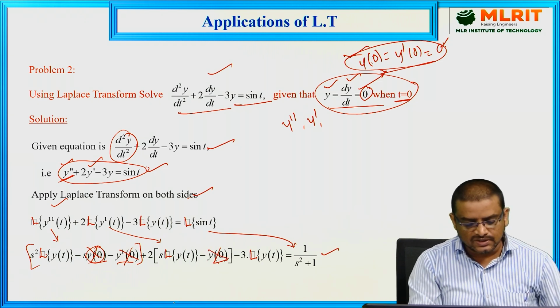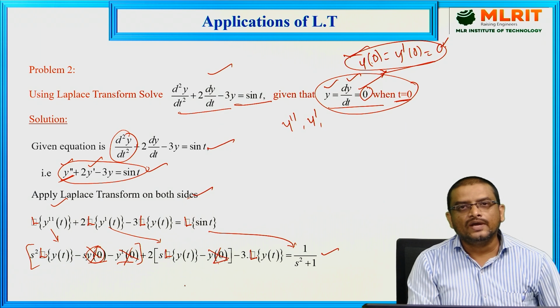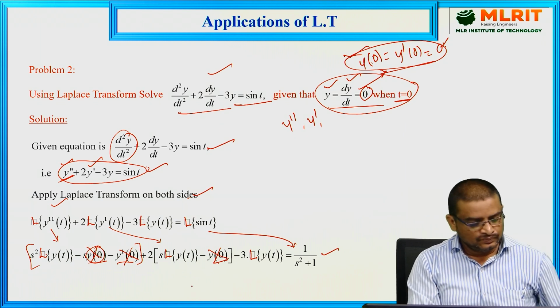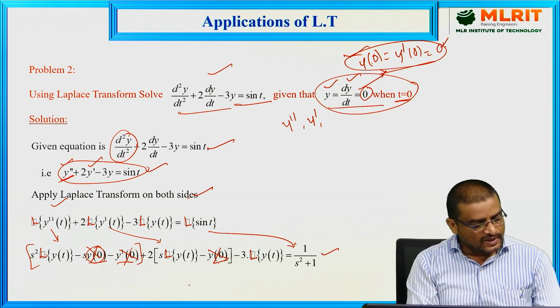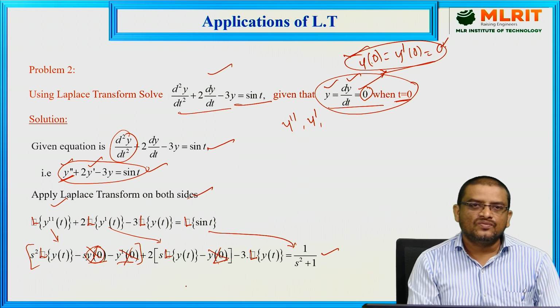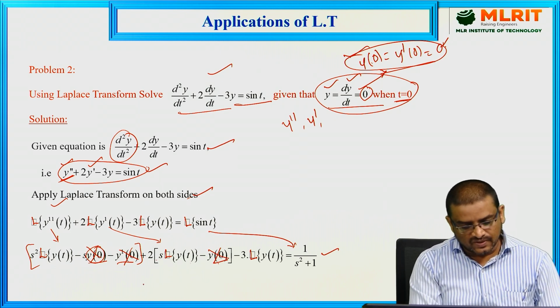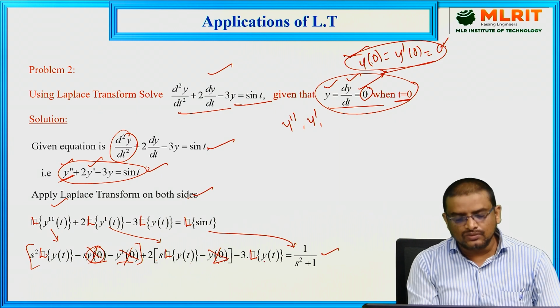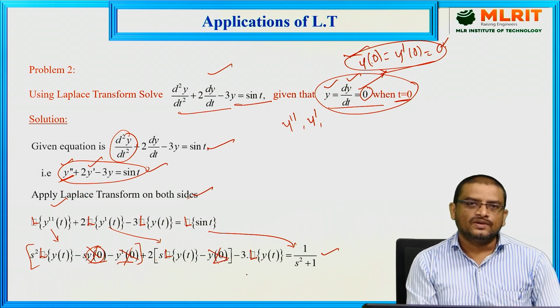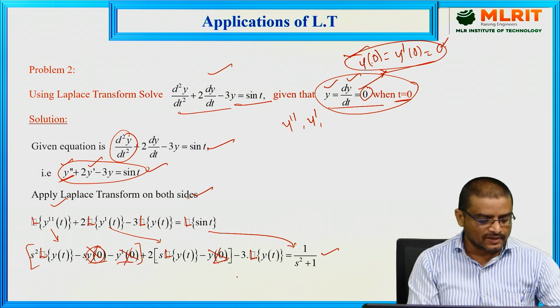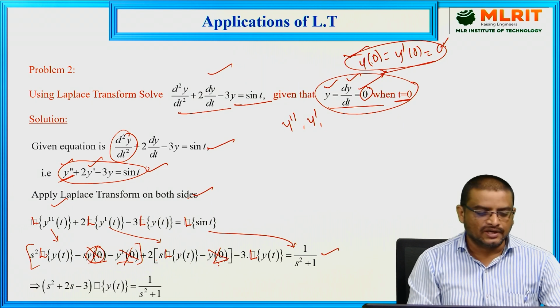And in the second term, the second y of 0 also becomes 0. So finally you will get s square Laplace transform of y of t plus 2 into s into Laplace transform of y of t minus 3 into Laplace transform of y of t. Only these terms will remain after substituting the initial conditions here.